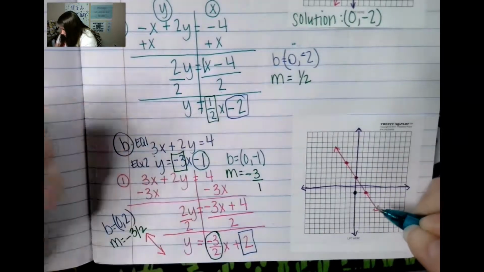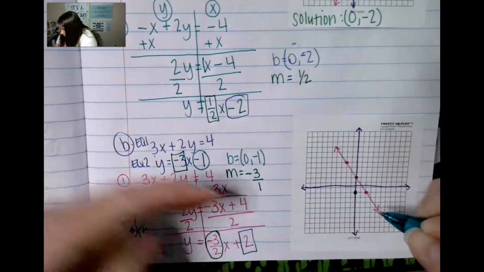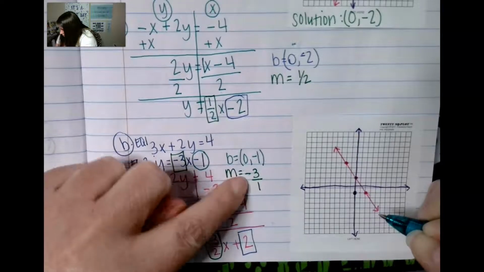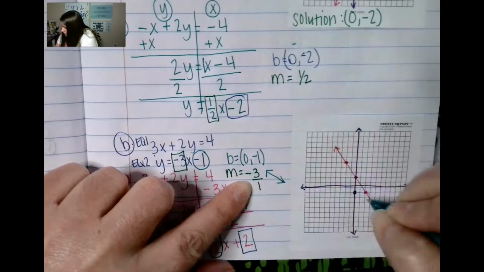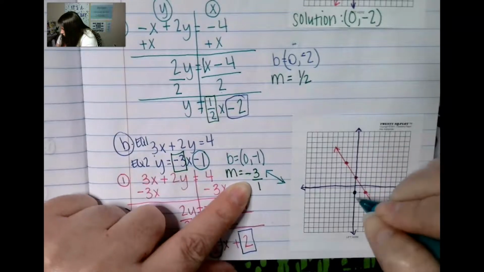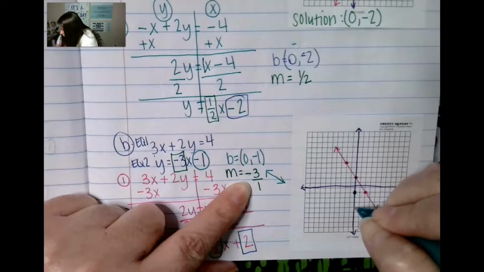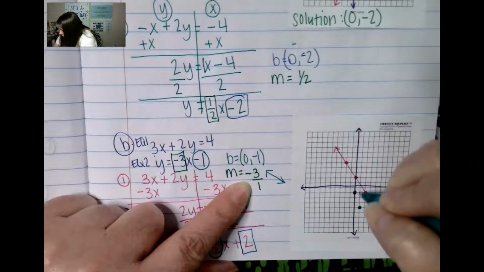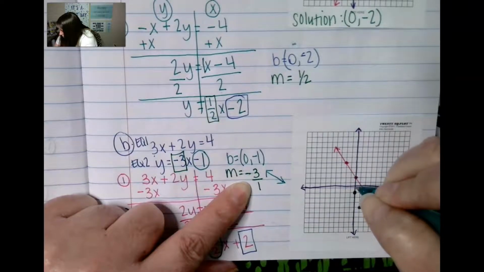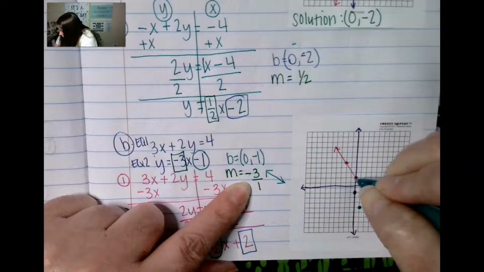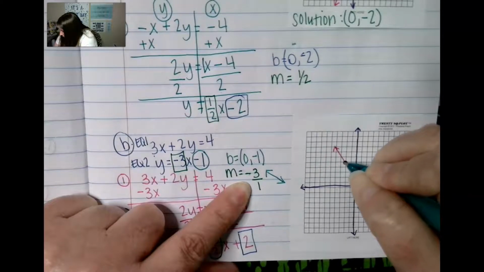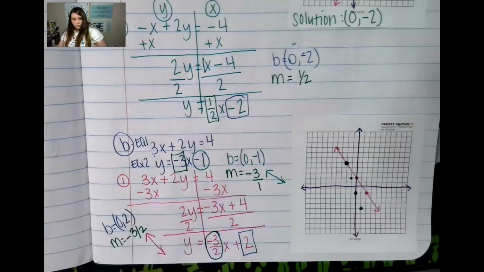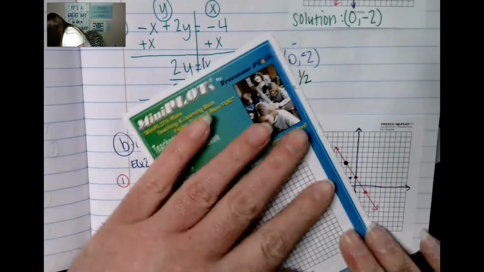Again, this is a negative slope. So we will go down 3, 1, 2, 3 over 1. Up 3, 1, 2, 3 over 1. There we go. There's where it's going to intercept, right there.